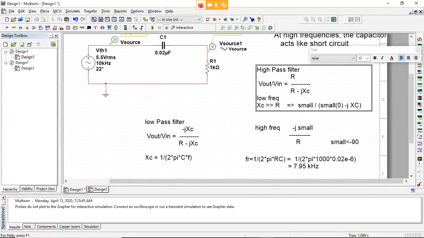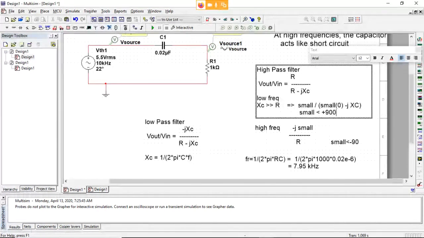But notice this is a minus down here. When you bring it to the top, it becomes a positive. So this is going to give us something small, because we're not passing it, but we have an angle of plus 90 degrees. So there's this huge phase shift. It's small with an angle of plus 90 degrees.